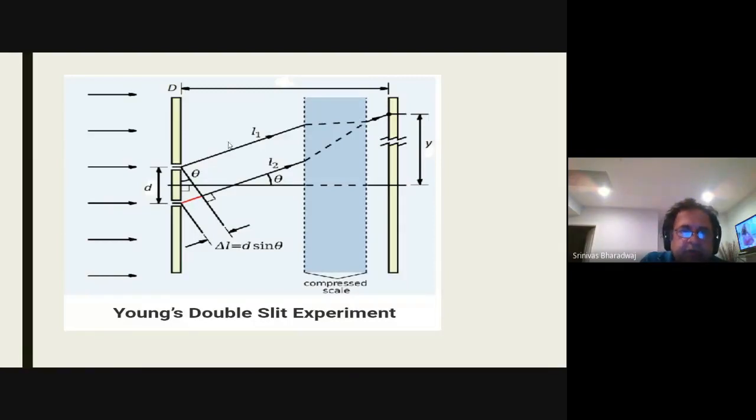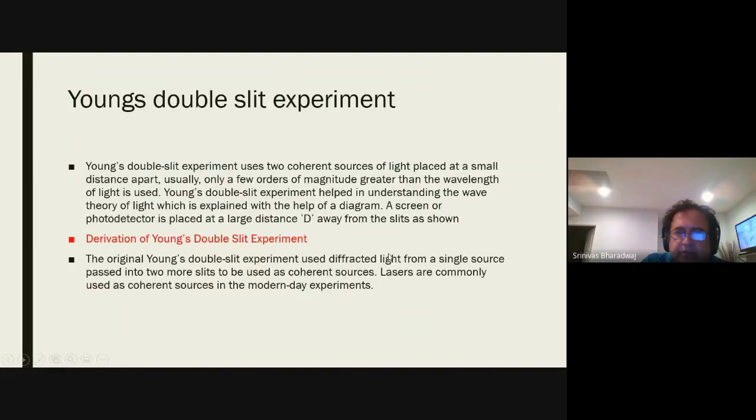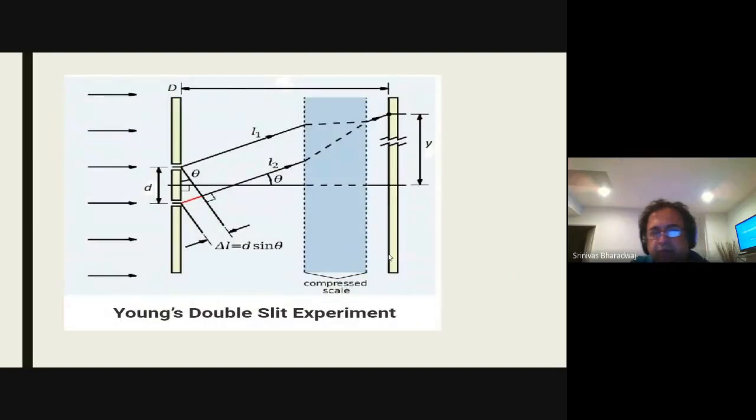So this coherent source light shows up here, and then it goes and hits what is called the screen, the photo detector, and on the screen you see bands of bright and dark.